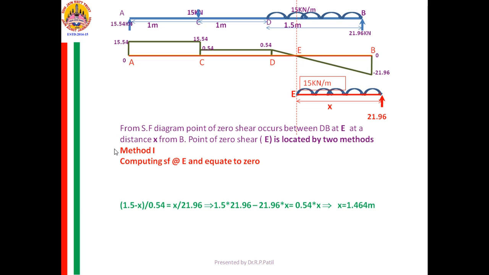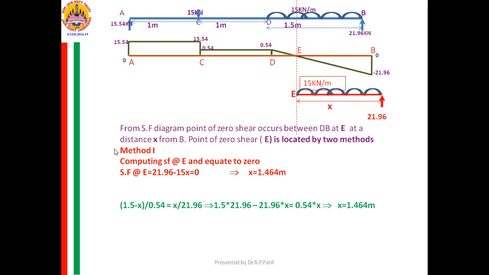Therefore total SF is 15 into X minus 21.96. Just see here, SF at E equal to 21.96 minus 15 into X. Actually it should be 15 into X minus 21.96 and solve that equation.